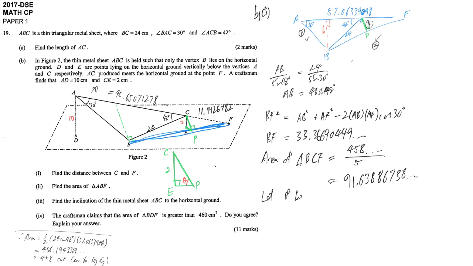After that, we are going to get CP now. Let P be our point. So 1/2 CP times the BF.